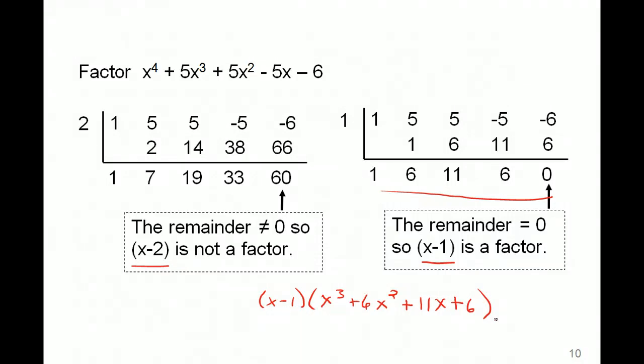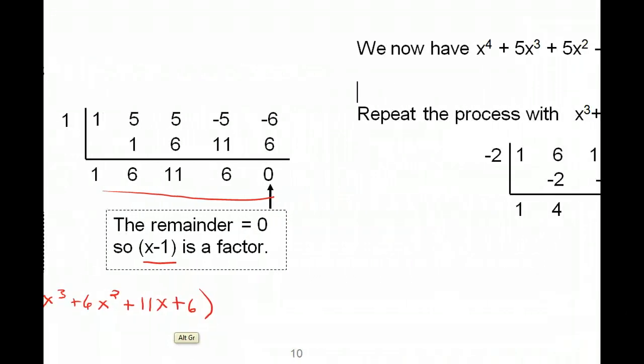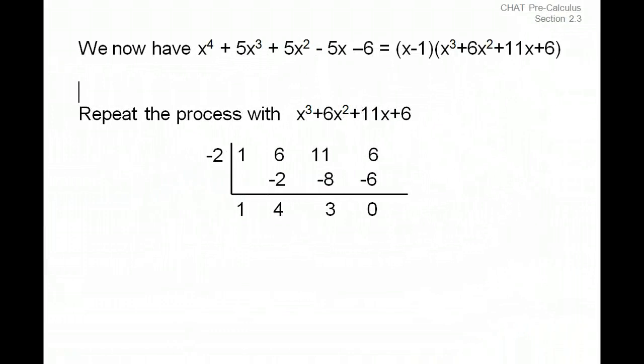Now I'm going to take this polynomial and repeat the process to see if I can find another factor. Now look at this. I have my x to the 4th polynomial. This is how it factored. Now I'm going to take this part and see if I can find another factor.